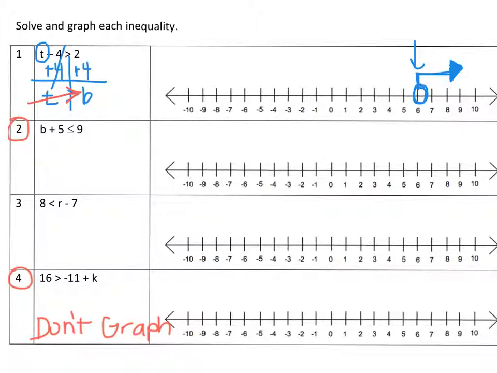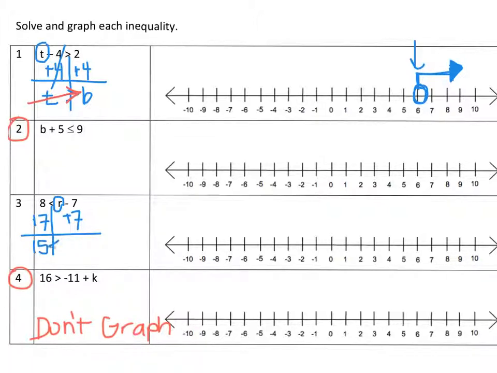So number 3, again, I'm going to draw the line down from my inequality sign. I want to get my variable by itself. So I've got r minus 7. So I'm going to do r plus 7 on both sides. 8 plus 7 is 15.